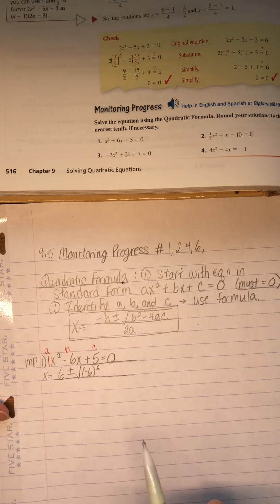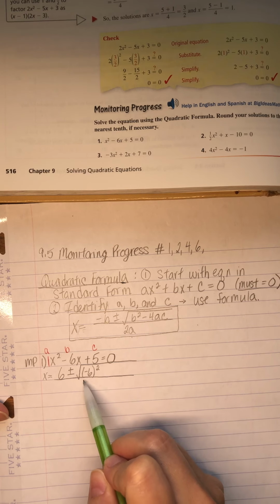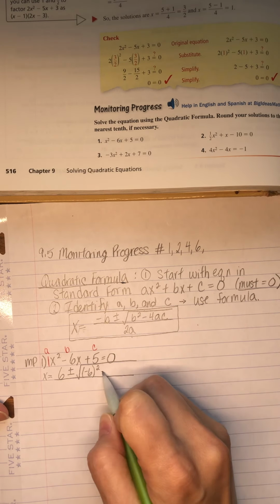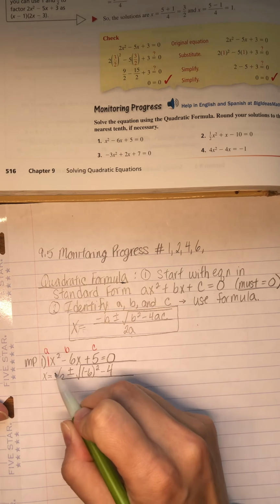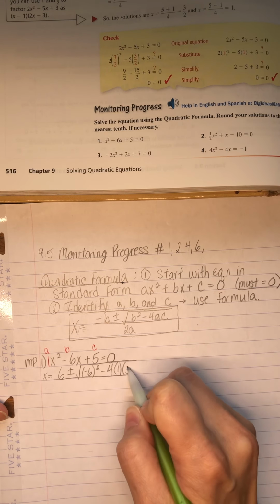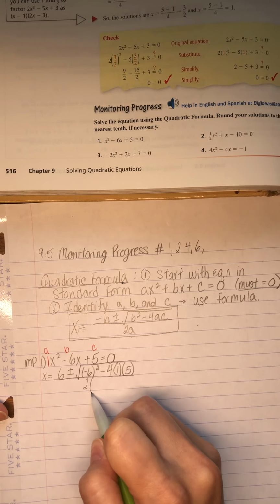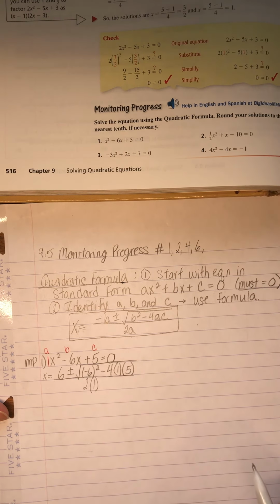That gets squared. Notice how I put the negative number in parentheses because a negative number squared is going to become positive. So just be careful with that. Minus 4 times our a, which is 1, and times our c, which is 5. And this is all over 2 times our a, which is 1.